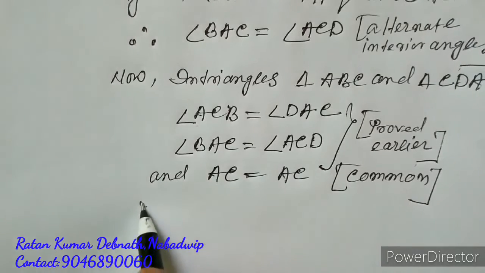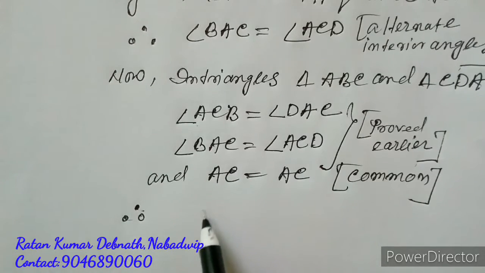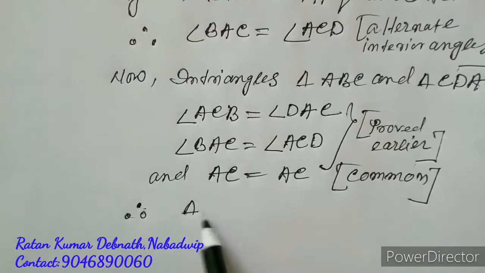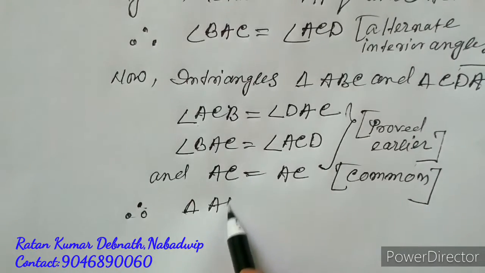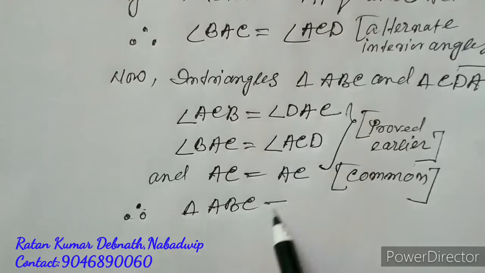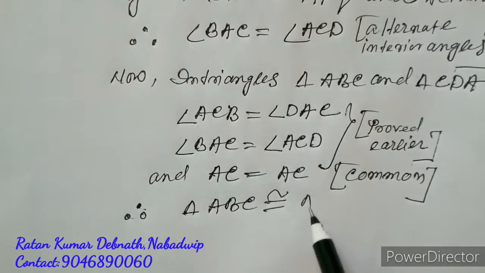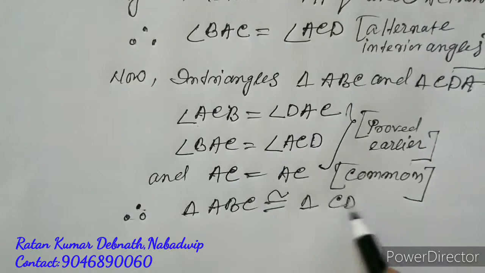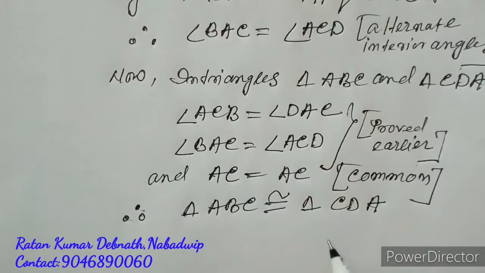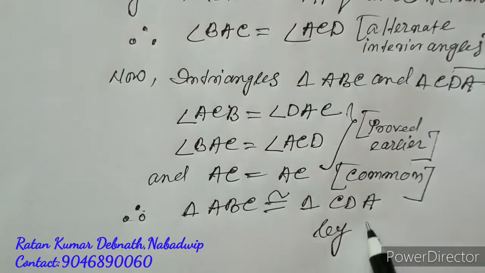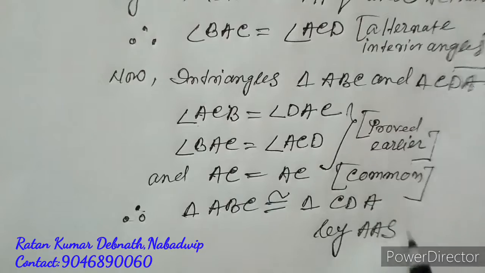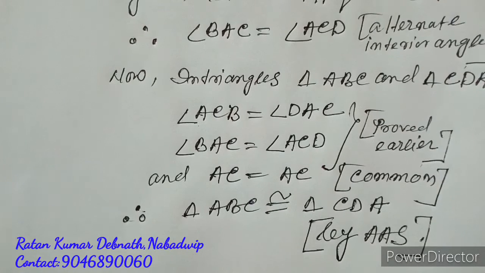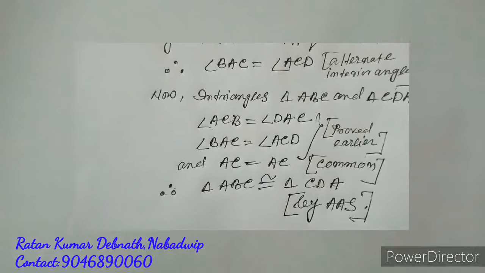Therefore, we can say triangle ABC congruent to triangle CDA by AAS, by angle side congruence criteria. That's all about the question number 4.